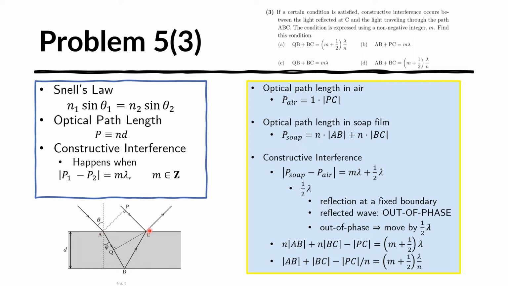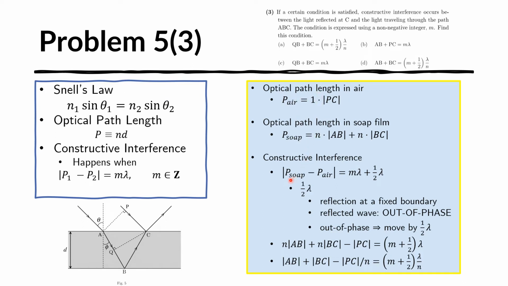For the optical path length in air, that is just the index of refraction, which is 1, times the distance from P to C. For the optical path length in the soap film, that will be the index of refraction, which is n, times the distance from A to B, plus the index of refraction times the distance from B to C. And we get the difference between these two optical path lengths.